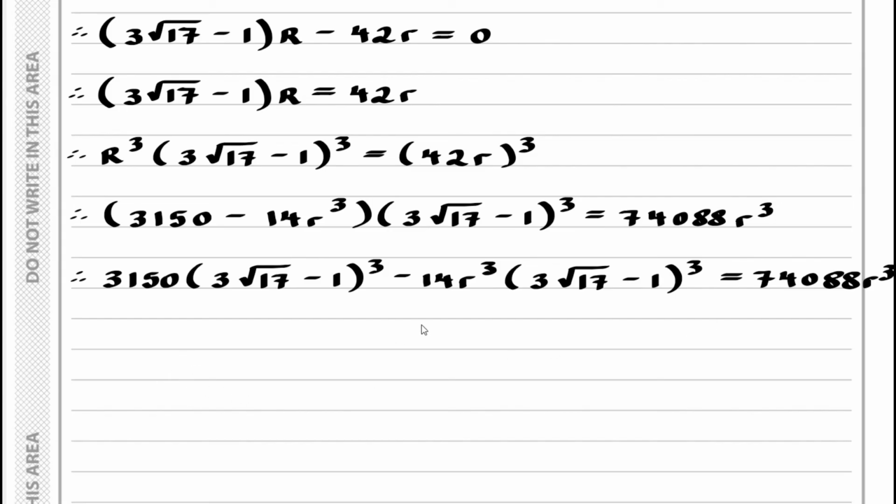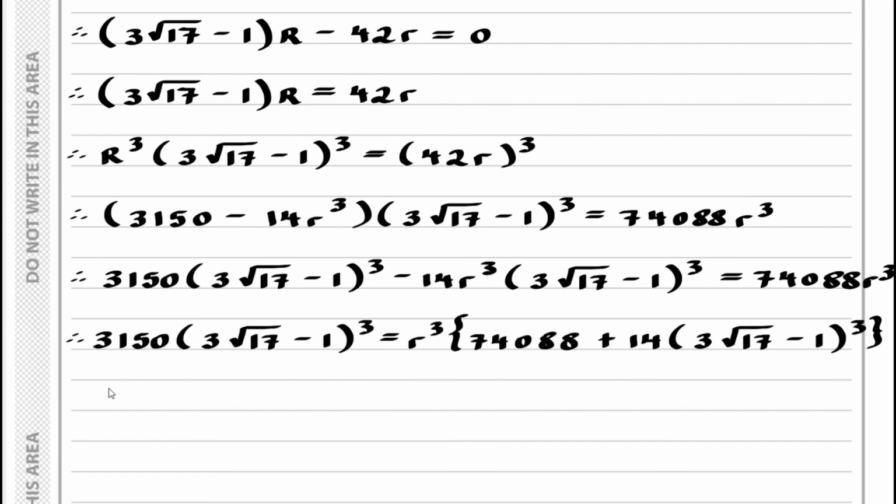So if we rearrange, you will find 3150 multiplied by (3 root 17 subtract 1) cubed equals r cubed multiplied by [74,088 plus 14 multiplied by (3 root 17 subtract 1) cubed].